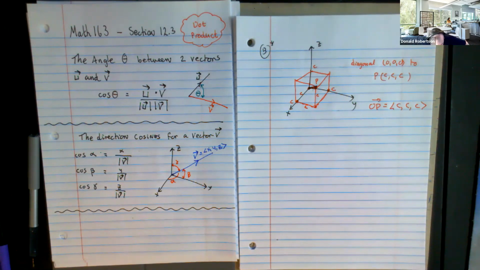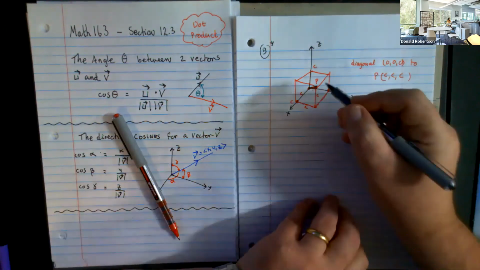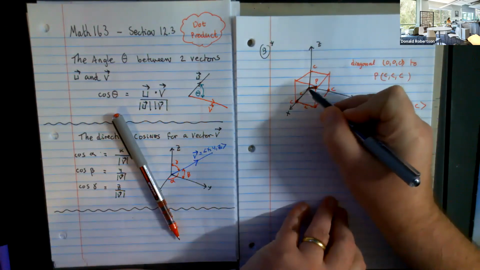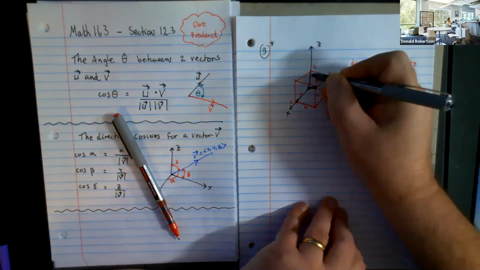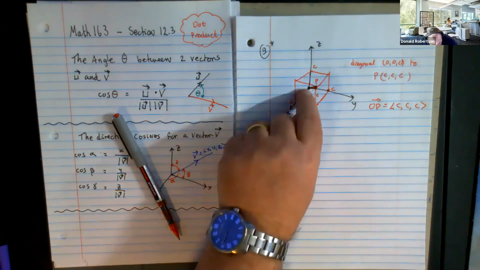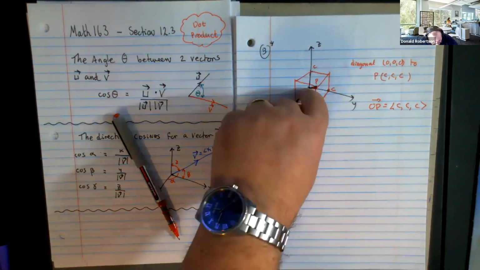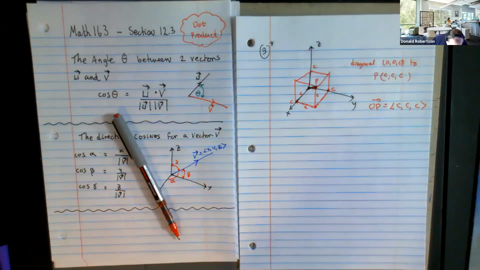Now, I need to know the angle that it makes with one of the edges. And I could use this edge, I could use this edge, I could use that edge, right? Would you agree that there are 3 edges that I could have chosen? Do you want the one that goes straight up on the Z, the one that goes in the X direction, or the one that goes in the Y direction?